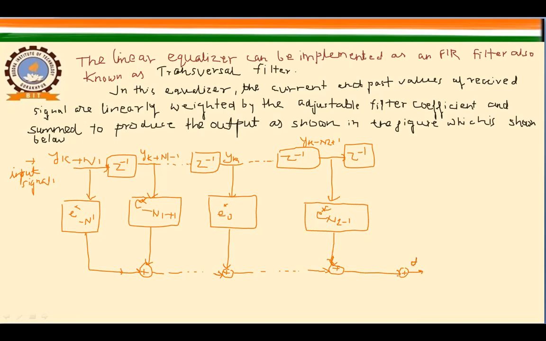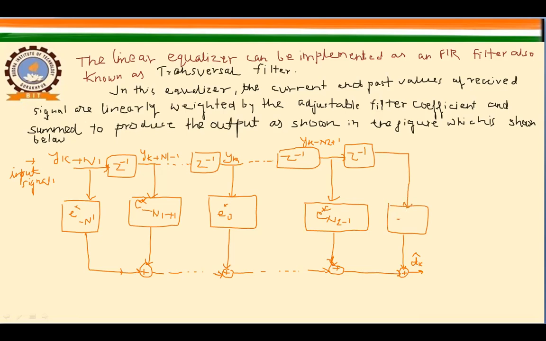This is the delta d_k, the small one. Delta is referring, if it is less than this, there is no distortion.